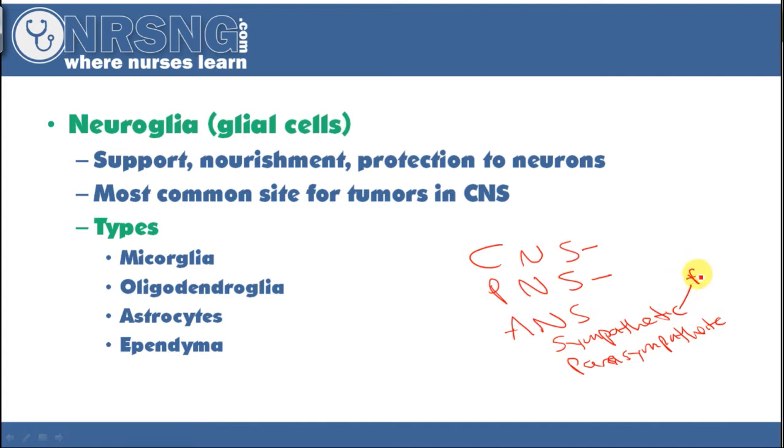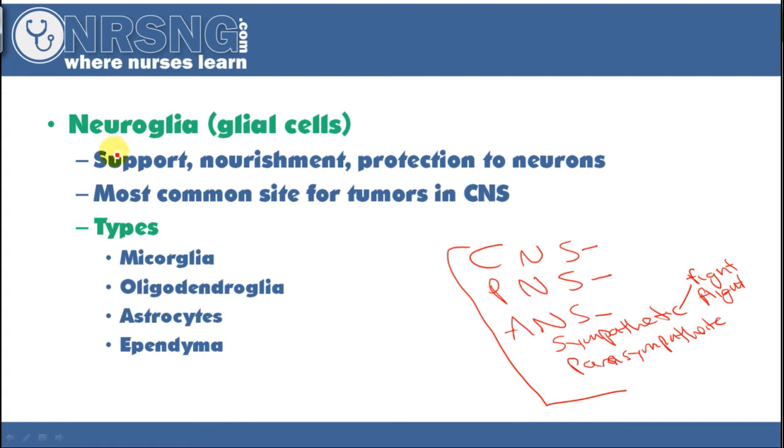And this is going to be like your fight or flight. Those are really the components of our neurologic system: CNS, PNS, ANS. And ANS, of course, is the autonomic nervous system, which is broken down further into the sympathetic nervous system and the parasympathetic nervous system. But what we have microscopically within there is different nerve cells.